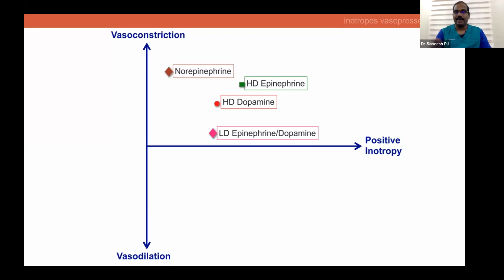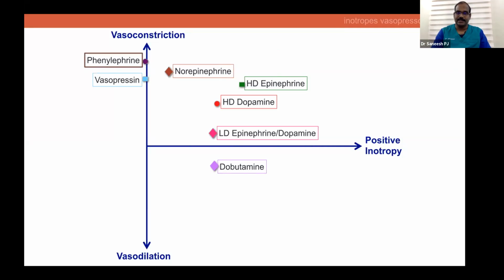High dose epinephrine, again you travel rightwards and upwards. So more vasoconstriction and more positive inotropy. Phenylephrine will not move along the x-axis at all. It is highly vasoconstrictive. Our other friend vasopressin is also placed somewhere close to the y-axis. It has only vasoconstriction action.